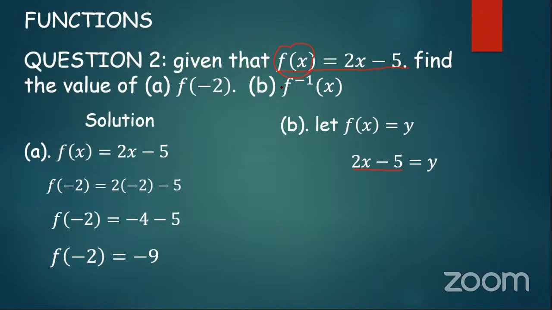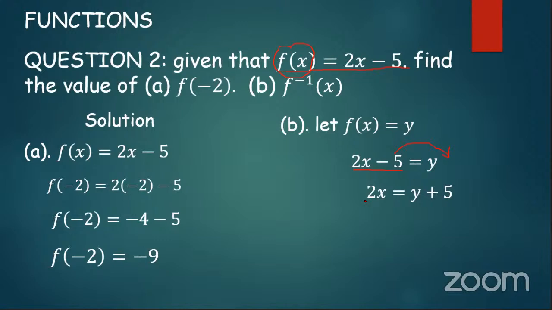After that, the negative 5 crosses to the other side, because our major emphasis is to remain with x on one side. When it crosses, it becomes positive, and it will be 2x is equal to y plus 5.